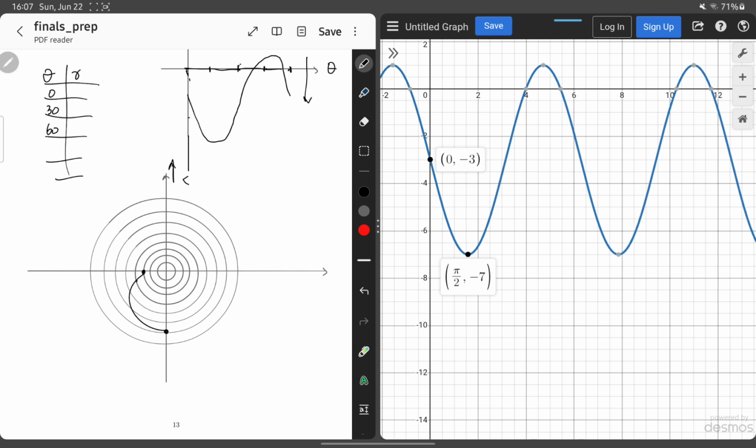So at pi, which is this angle, it is going to be -3, so it will be plotted in the opposite direction over here. Again, because of symmetry, you can see this section and this section of the curve are symmetric, so the radius would follow a similar trend and approach -3.